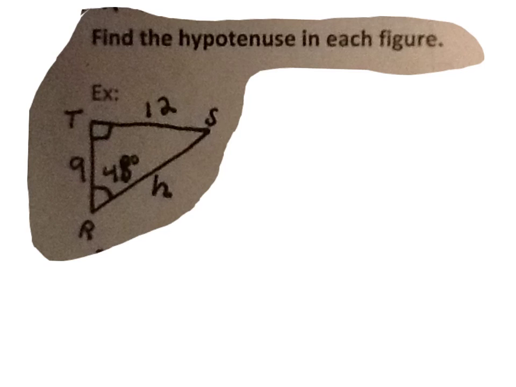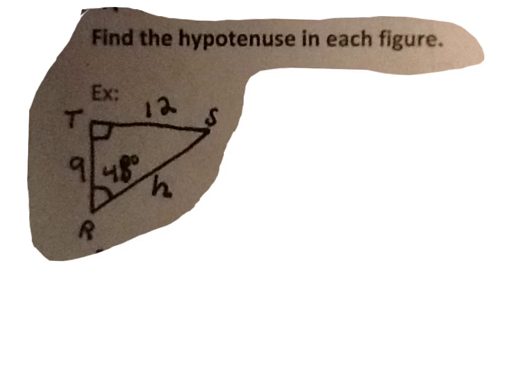Well, I'm probably going to use sine or cosine. How do I know which one to use? Well, that's based off of my given angle. So if I'm given 48, and then I'm given the side adjacent, and I'm looking for the hypotenuse, I could use the cosine.